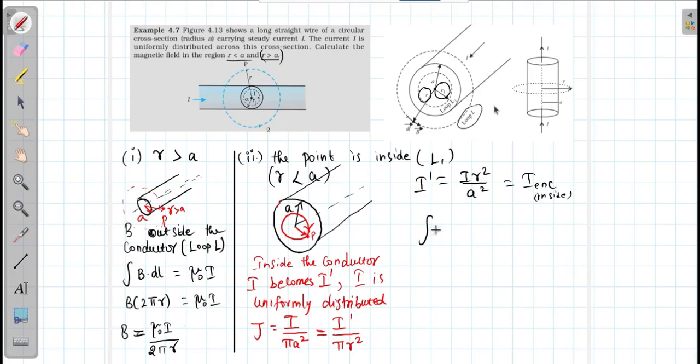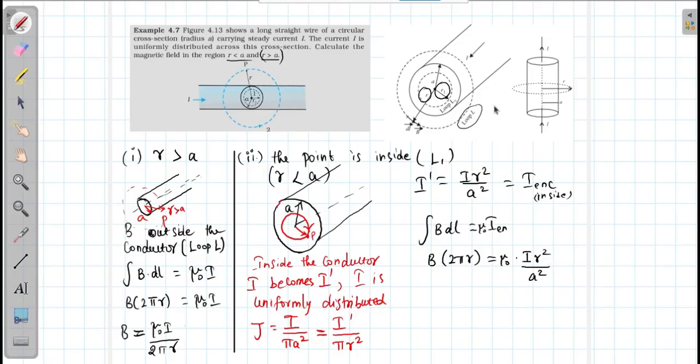Therefore, integral B dot dl equals mu naught I enclosed. Take B outside. Integral dl becomes 2 pi r, and mu naught I enclosed is mu naught I r square divided by a square.